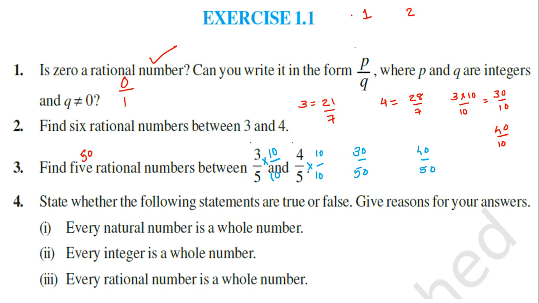How? If you multiply by 10, this will become 10 by 10 and 20 by 10. So now between 10 and 20, nine more numbers you can write. Now if you multiply by 100, you will get 100 by 100 and 200 by 100. Now the range is broader, and you have 99 numbers to write.